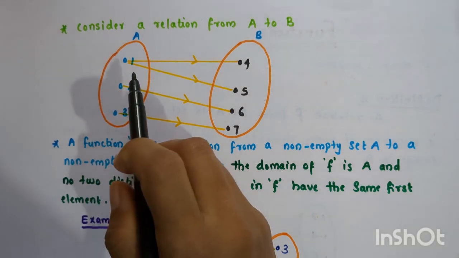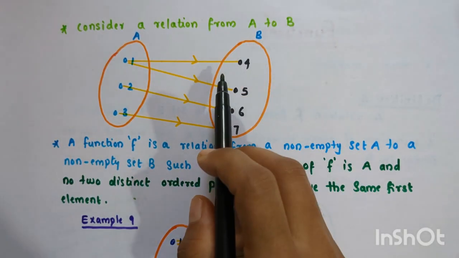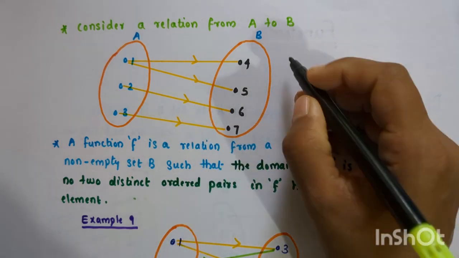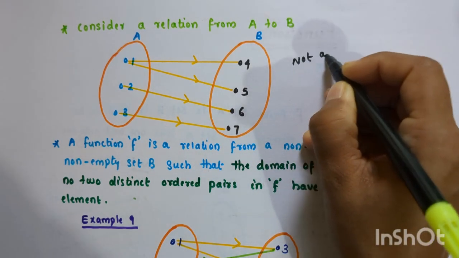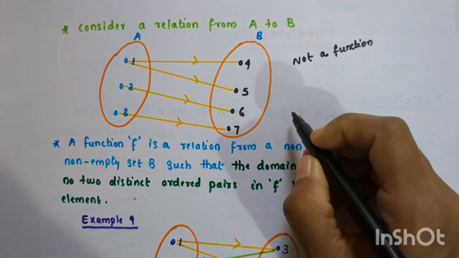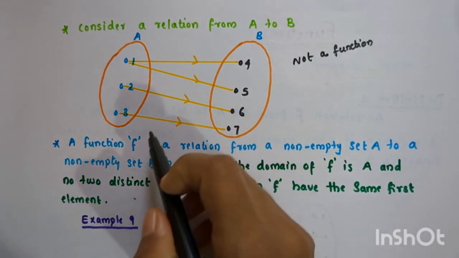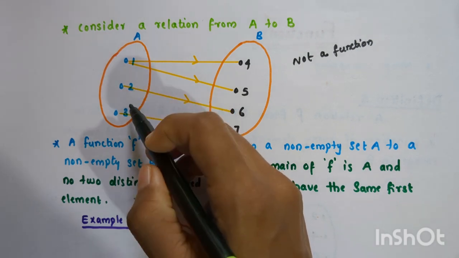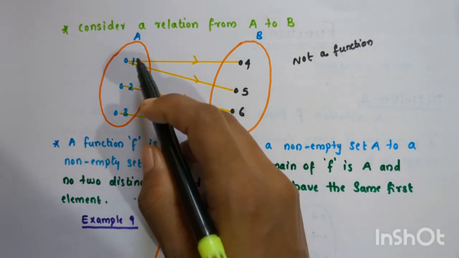Now, consider a relation from set A to set B as shown here. This is also not a function. Can you say why? Here the domain, meaning the set of all first elements in the relation, is 1, 2 and 3.